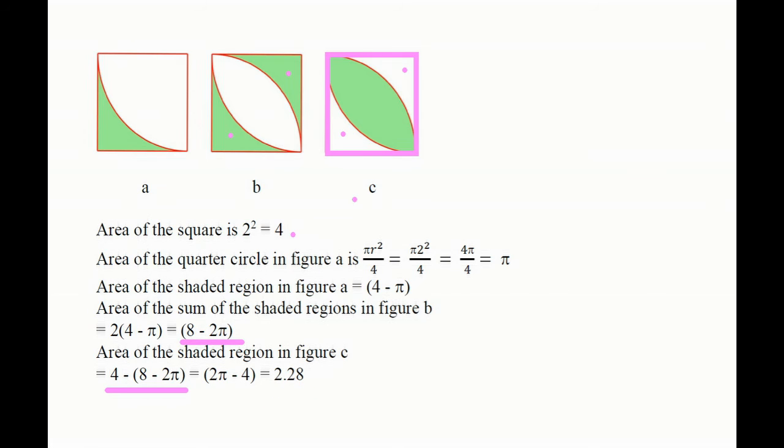So basically the area of this green piece has to be 2.28. And I did replace pi with 3.142. If you want to leave your answer in this format, 2 pi minus 4, you will be fine.